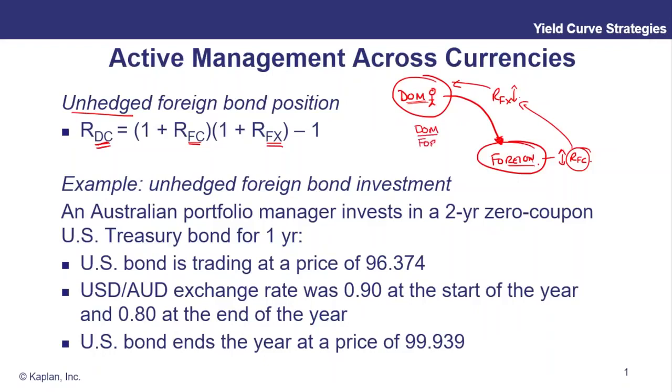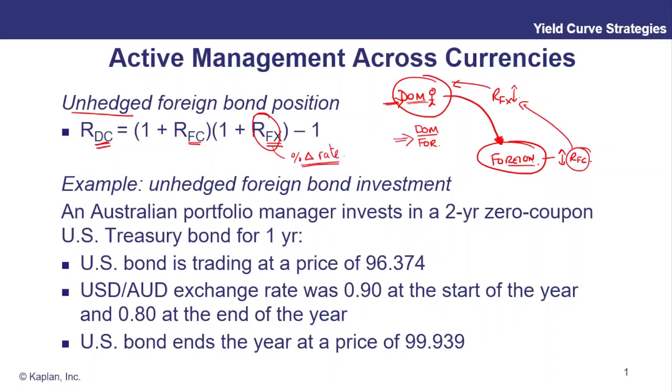I need to be looking at the number of domestic units there are per foreign unit. I need to have a direct quote to this investor in order to use my equations. For example, if this RFX is just based on the percentage change in the exchange rate, then the rate I need to look at is how many domestic units there are per foreign unit.